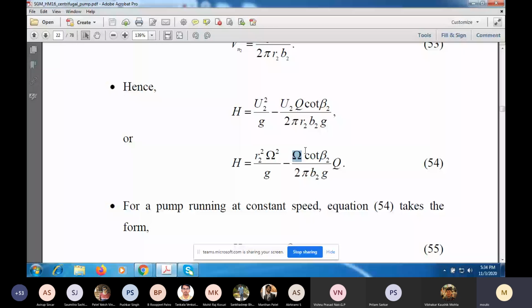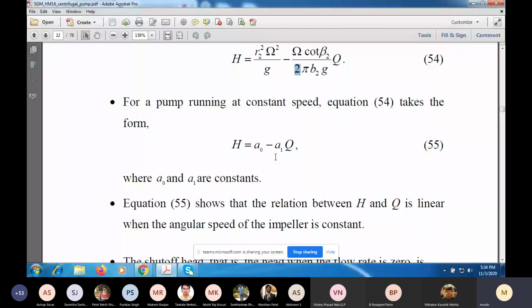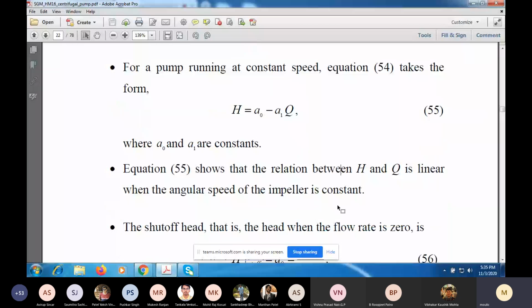So you see that when omega is constant, the relation between h and Q is of the form some constant a0 minus another constant a1 into Q, and a1 is this quantity. So when the angular speed is constant, ideal flow theory is showing you that the relation between h and Q is linear.